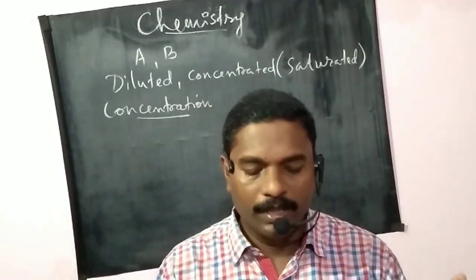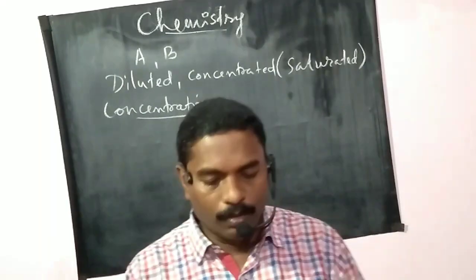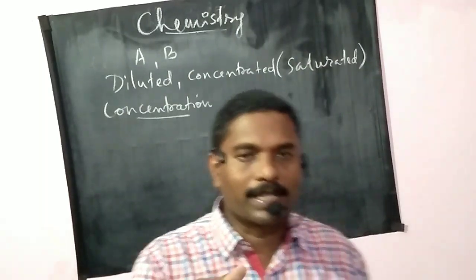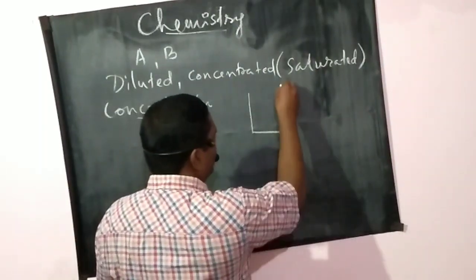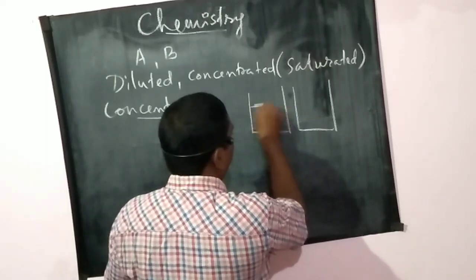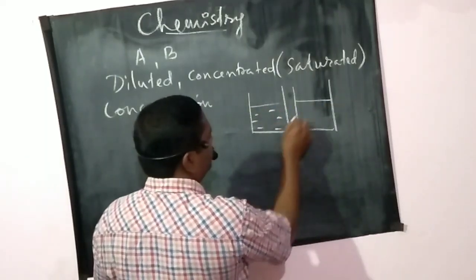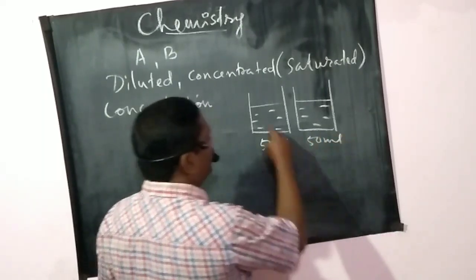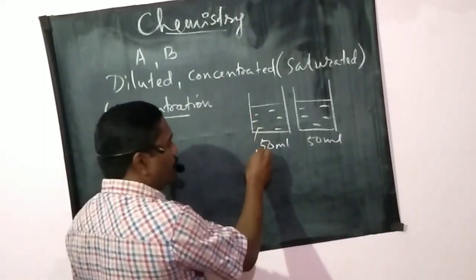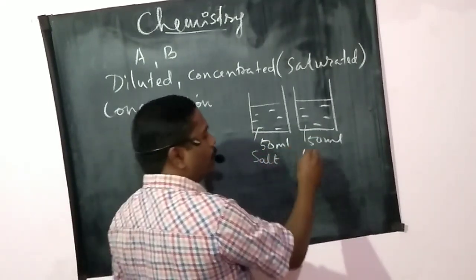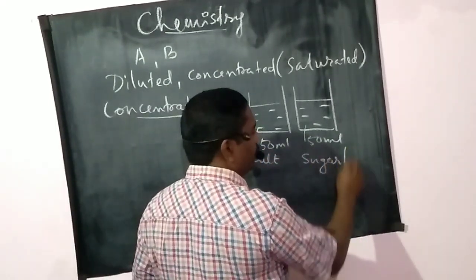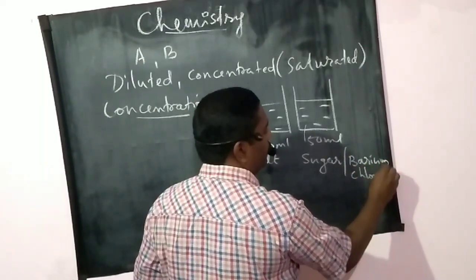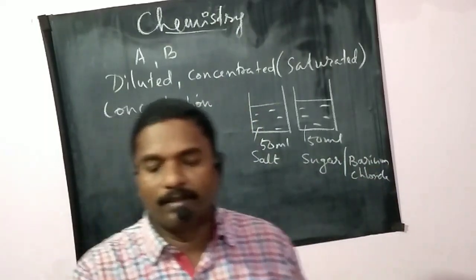Add salt in one beaker and sugar or barium chloride in the second beaker with continuous stirring. Take two beakers with 50 ml of water in each, add some salt to one, and sugar or barium chloride to the other, and stir it well.